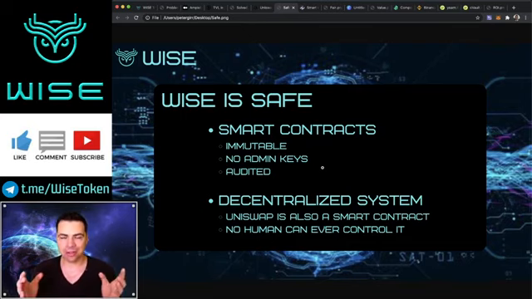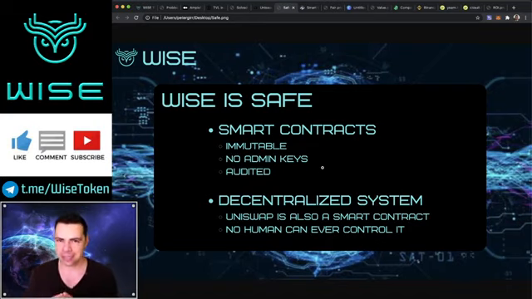We took a year to first design and then build the code and then get it audited. We did everything the right way, and that is why we are able to burn the admin keys, make it immutable, and be completely comfortable feeling that what we have created is safe and it's going to do exactly what it's designed to do.